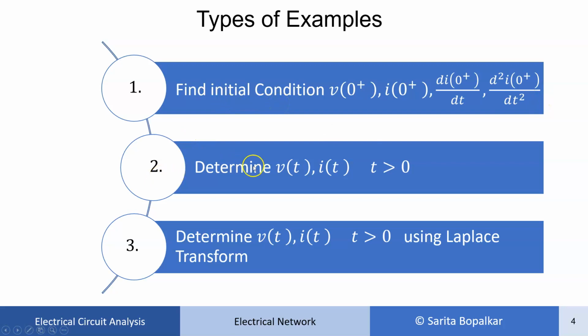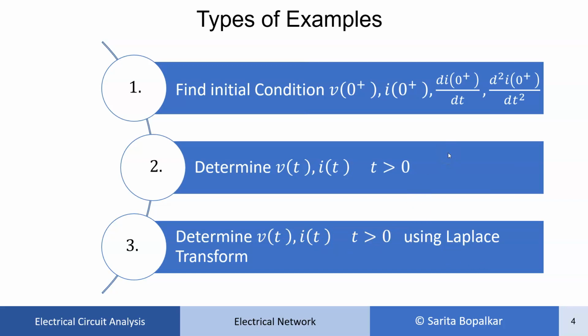The second type of example: determine V of t and I of t for t greater than 0. Now these are not initial conditions. We want to find them for any instant of time greater than 0. And the third type is the same: determine V of t and I of t for t greater than 0, but using the Laplace transform.